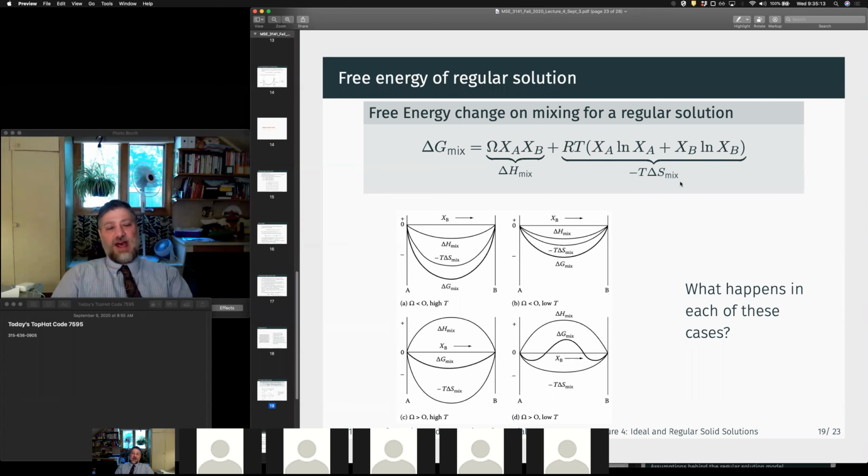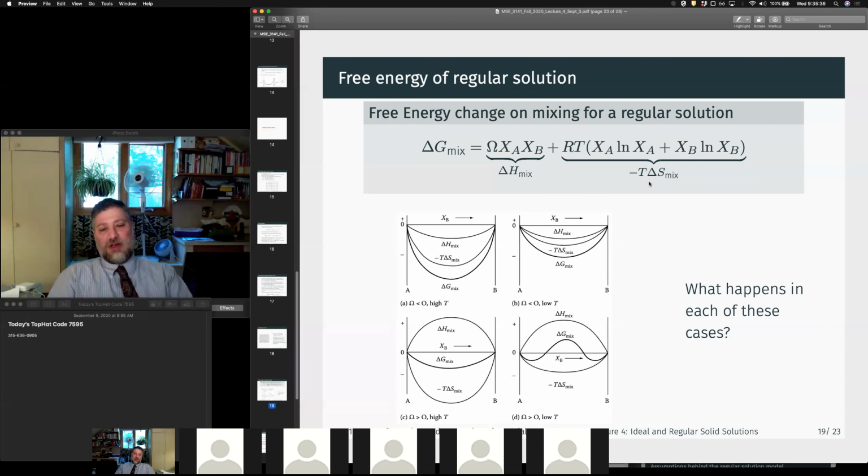So the delta S is always going to be dependent just on the number of configurations, right? And then you have the negative temperature. So as you go up in temperature, your Gibbs free energy becomes more negative.